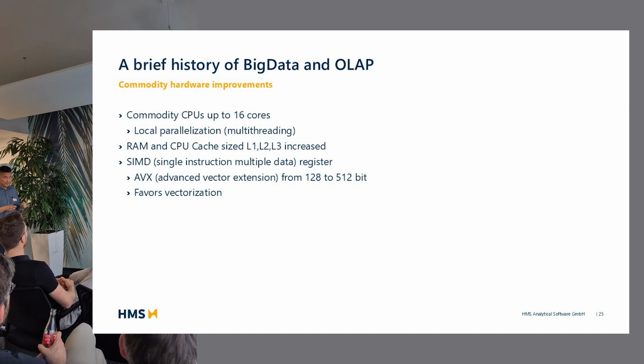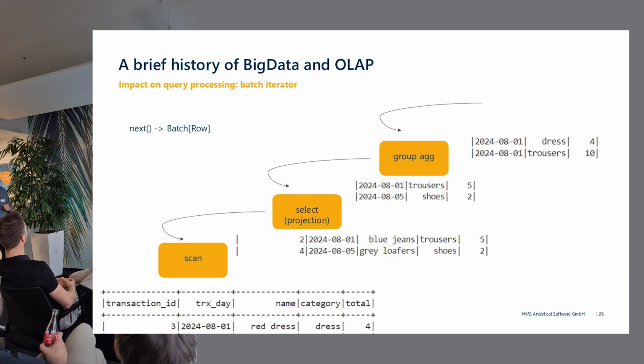So now we can take advantage of new hardware in how databases, conventional databases, operate. The first answer is that instead of processing one tuple at a time, we process a batch of tuples. And this increases cache locality and the speed of the processing.